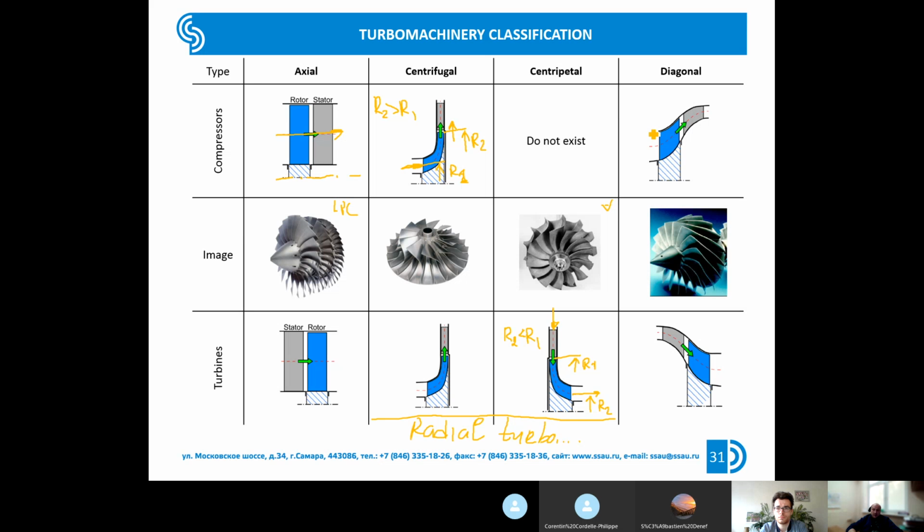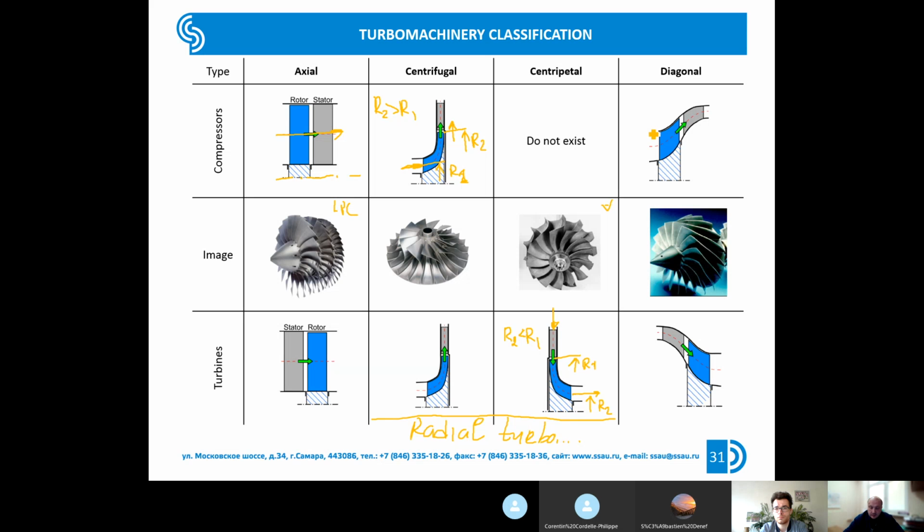Maybe in the future we will use diagonal turbomachinery, but now in real practice I know only a few engines, a few turbomachines, which use diagonal stages. Maybe the design methods for this type of turbomachinery are not developed yet, but I don't know why it's not widely used.